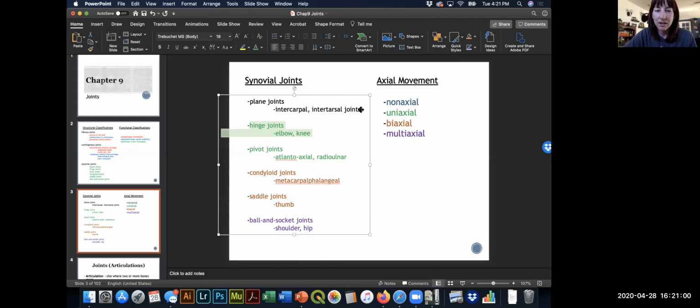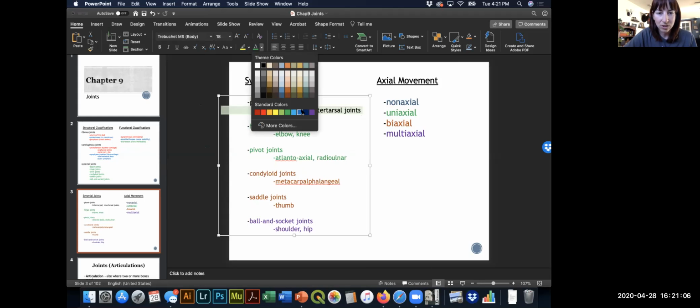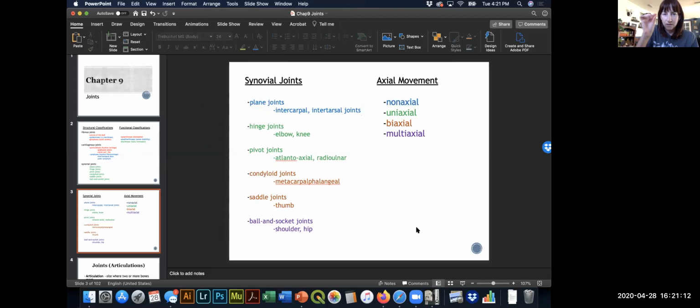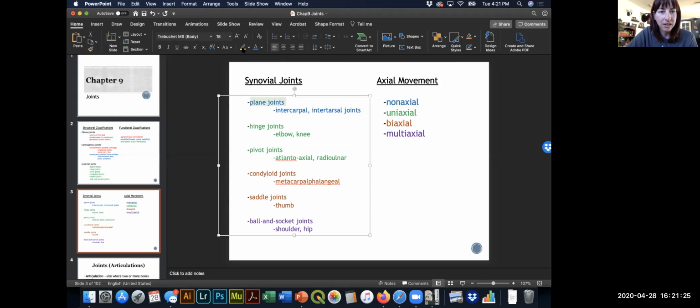And then your plane joints, I don't mess everything up, are going to be your non-axial joints, because apparently this slight gliding movement doesn't even count to be like moving along a plane. It's more like a point, okay? So wasn't that fun? Look at that.